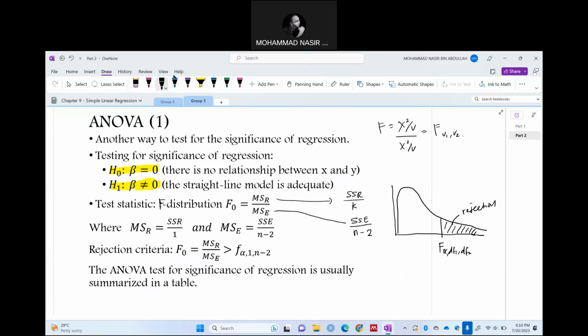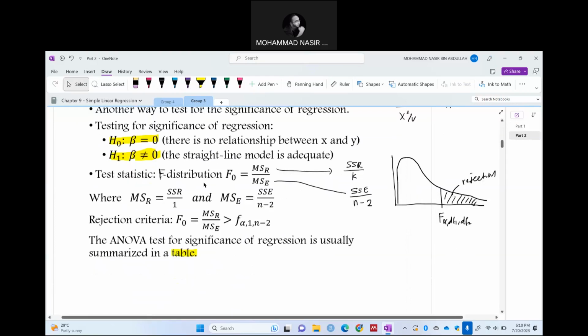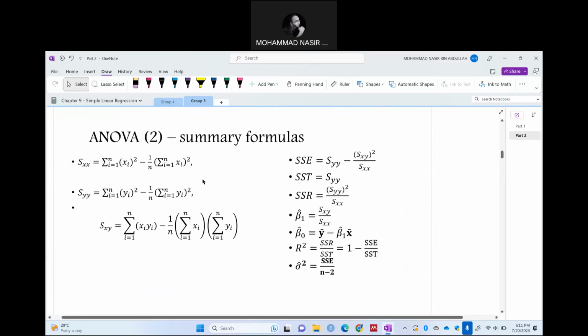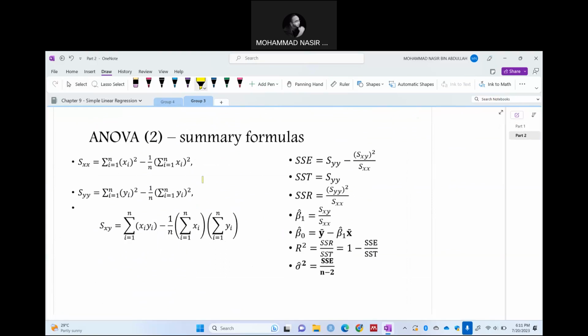The ANOVA test for significant regression is usually summarized in a table. So we need to construct an ANOVA table in order to get the F value, F calculated. This is a formula that we already learned last week.